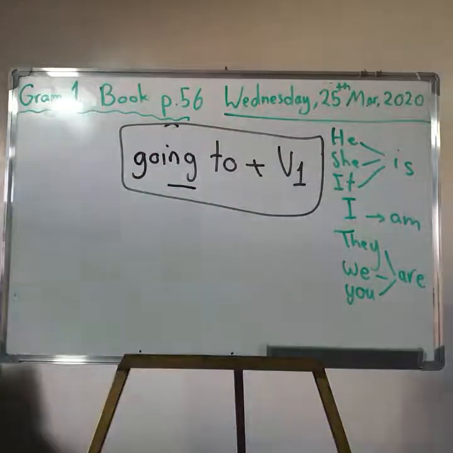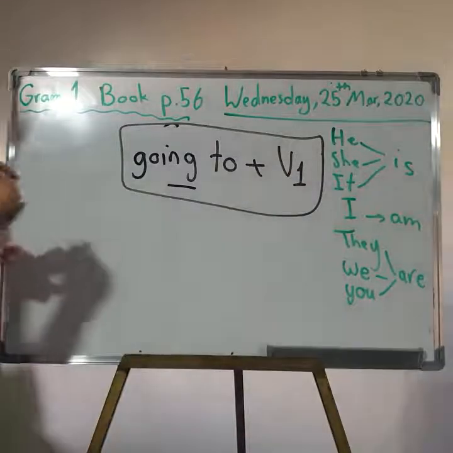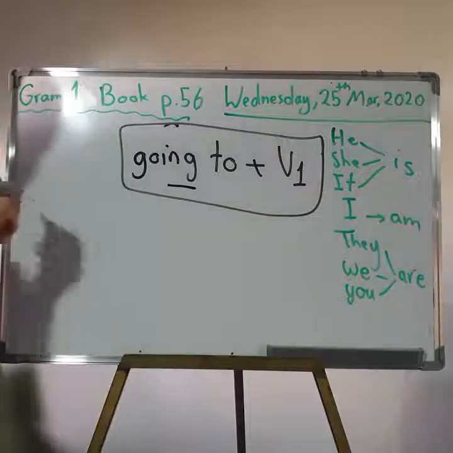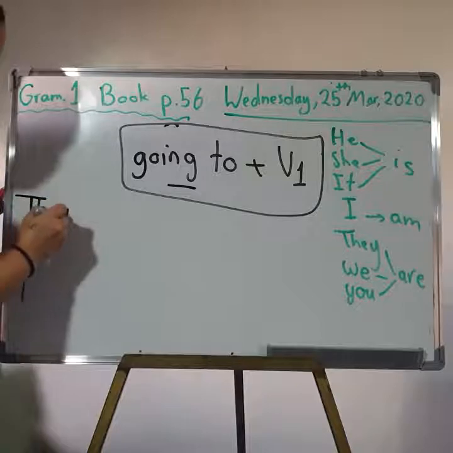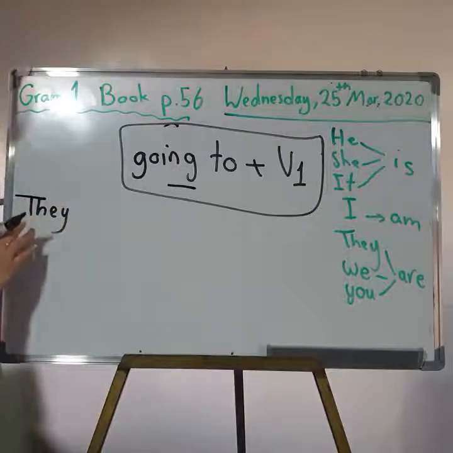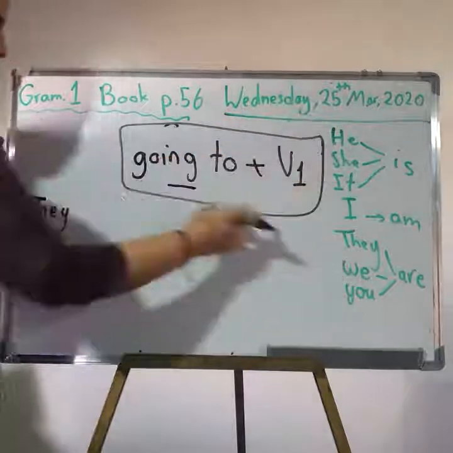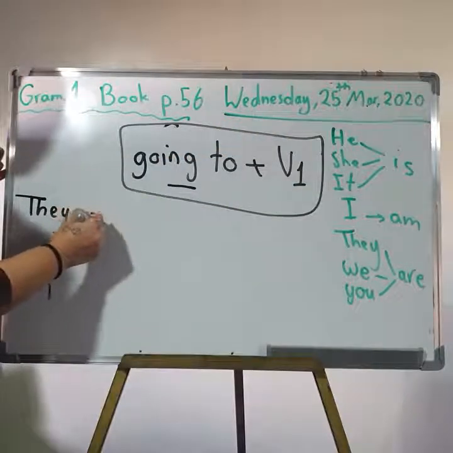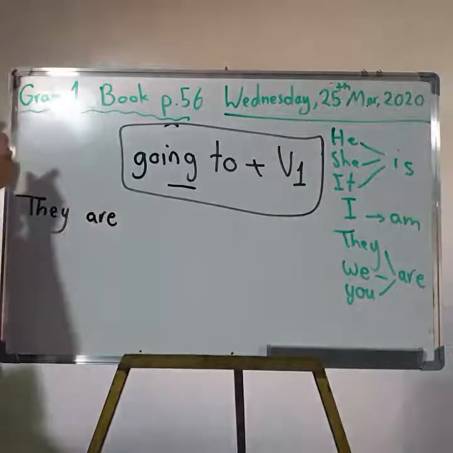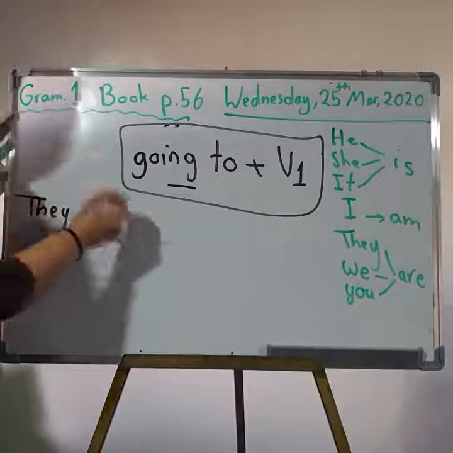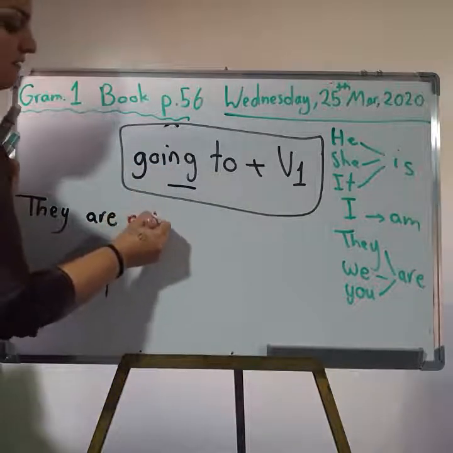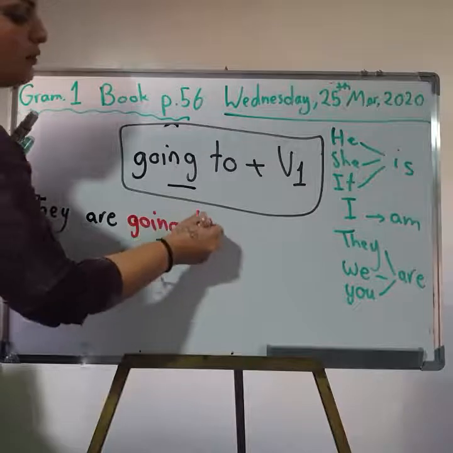Now, I will give you an example. If I say that the subject is they, see how I form this sentence? They is the subject. I have to pick the correct helping verb, which is are. And going to, of course, I put it as it is. They are going to.